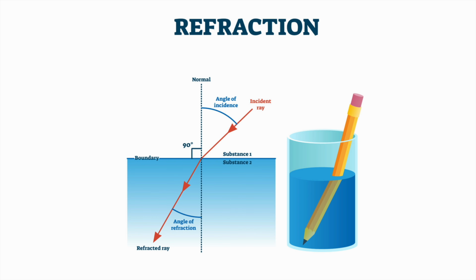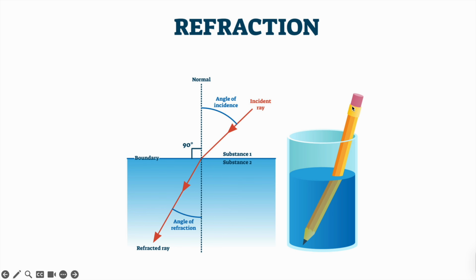Now there's another R word that I want you to remember. It's called refraction. What is refraction? Refraction is when light bends, okay? It's the bending of light as it moves through a different medium or substance. So in this case, you have your light, it's coming through the air, but it hits the water, so it bends.